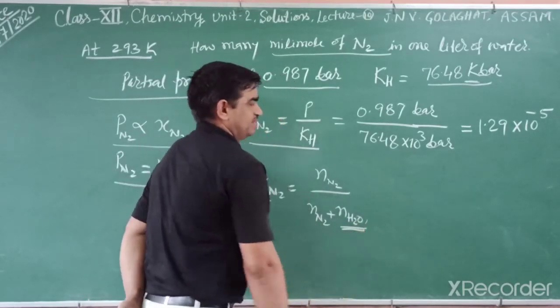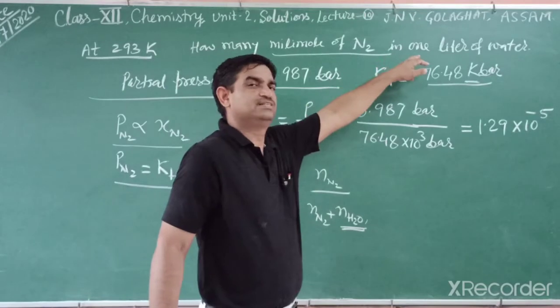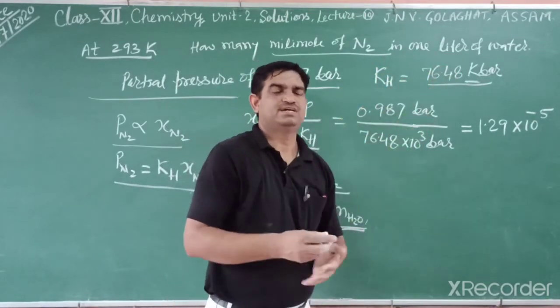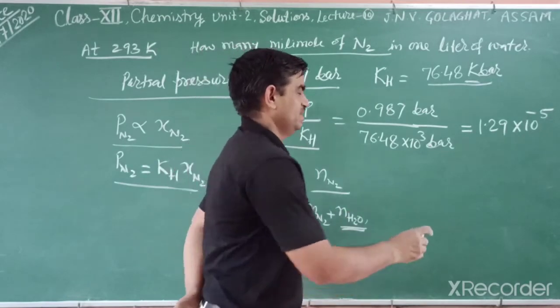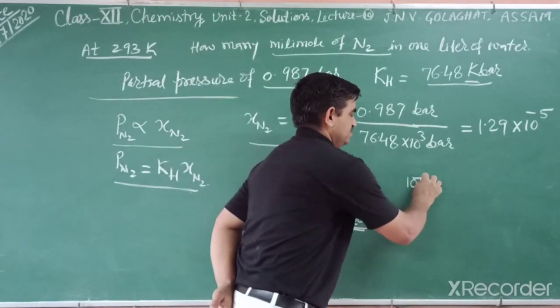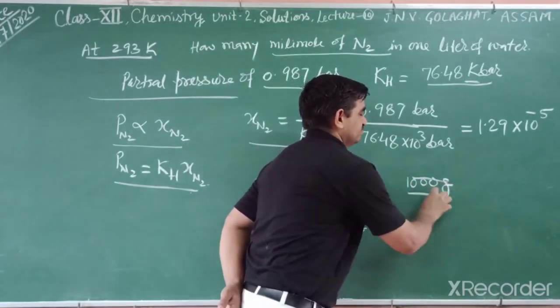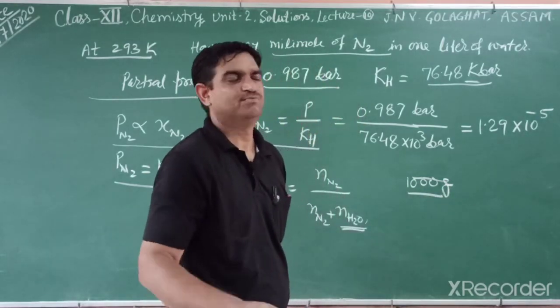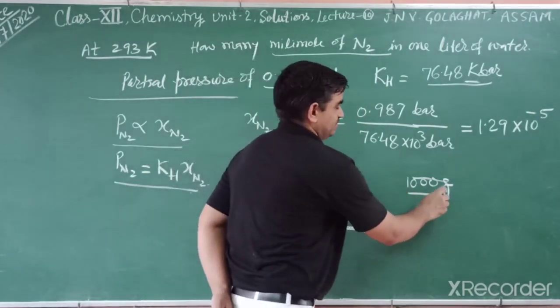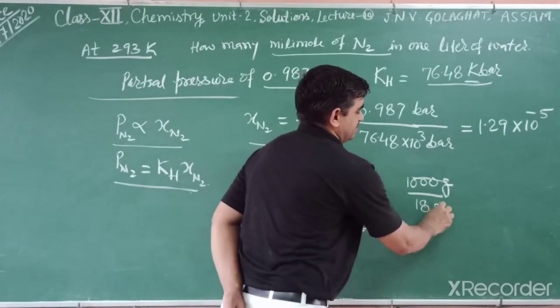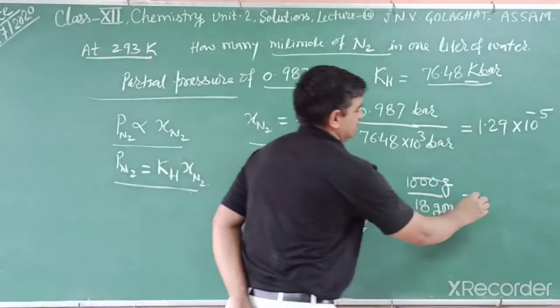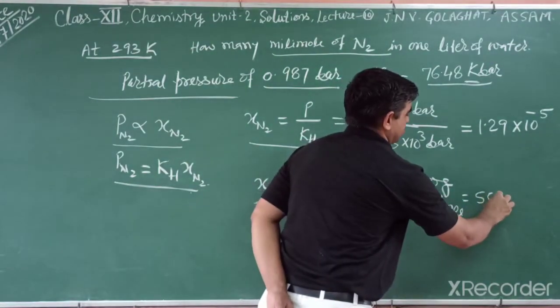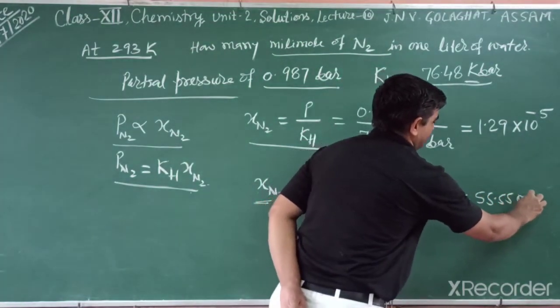The denominator is the moles of water. How can we identify it? 1 liter is given. For water, density is 1, so 1 liter means 1000 gram of water. Moles of water are 1000 gram divided by 18 gram per mole, which gives 55.55 mole.